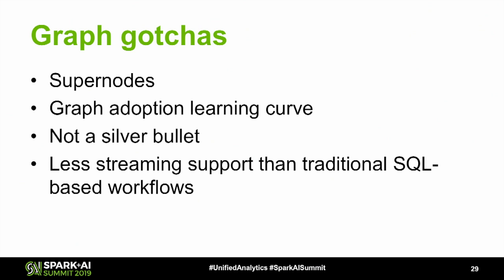And in that case, you have to be careful to not use certain attributes that are low cardinality. So for example, you wouldn't want to use somebody's eye color as an attribute in the graph to do entity resolution because you will definitely create supernodes on those types of vertices.